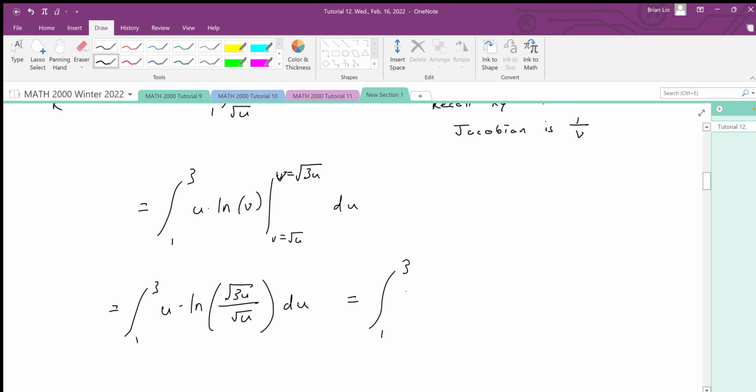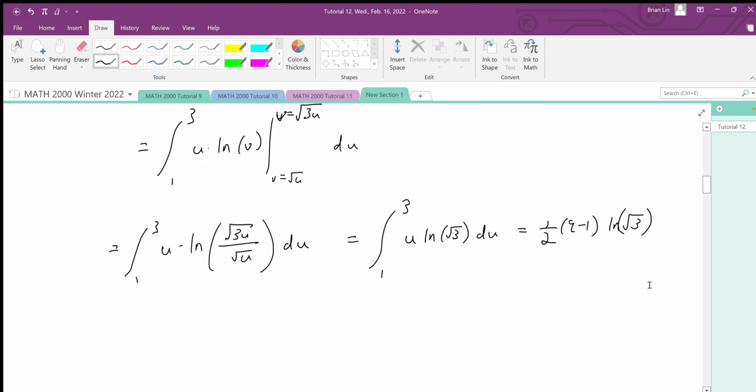So that's u ln root 3. And then this, I believe, is just 1/2 u squared, so 9 minus 1. And that could be simplified. So 2 ln 3. And that's it for question 1.